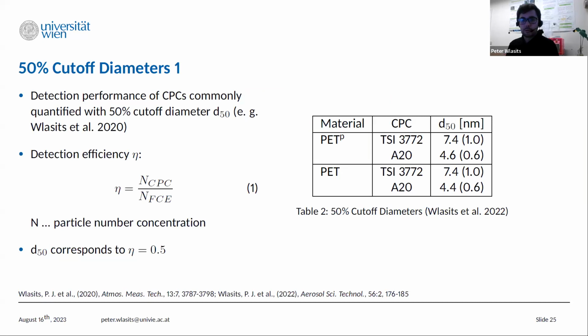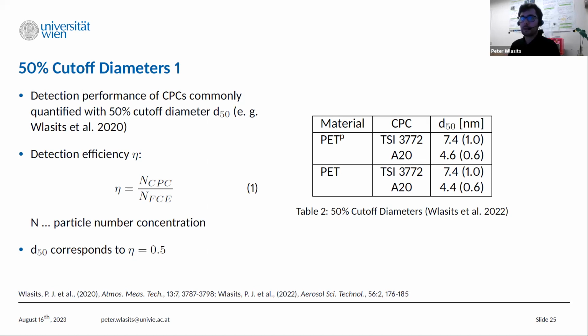Now I want to go to the last part of the measurements, which was the 50% cutoff diameters for some of the materials. And here I want to do a short introduction also. The detection performance of condensation particle counters is commonly quantified with the 50% cutoff diameter, denoted here by D50.